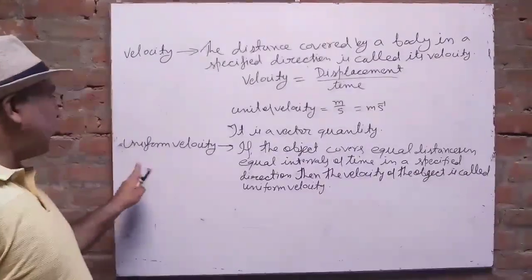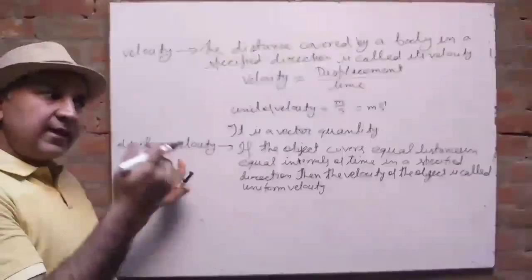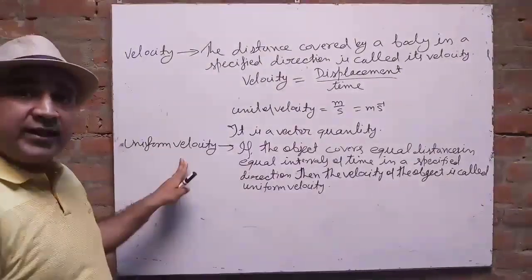Understood? Uniform velocity means same distance in same interval of time in a certain direction.